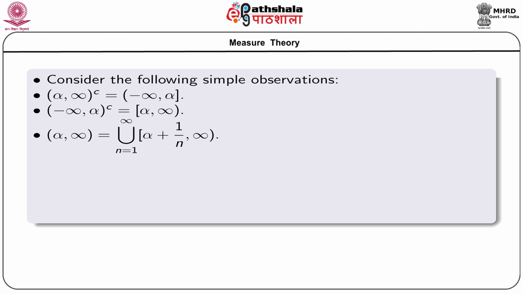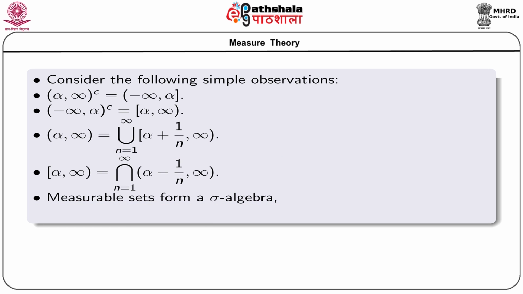On the other hand, we can write the open interval (alpha, infinity) as a countable union of intervals, the union over n equal to 1 to infinity of [alpha + 1/n, infinity). And finally, [alpha, infinity) can be written as the intersection over n equal to 1 to infinity of the open intervals (alpha - 1/n, infinity).